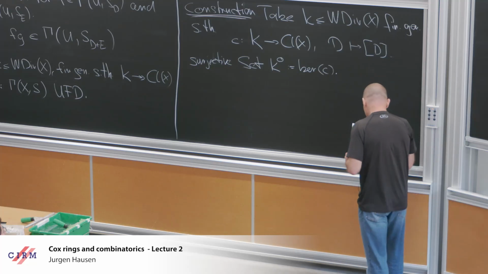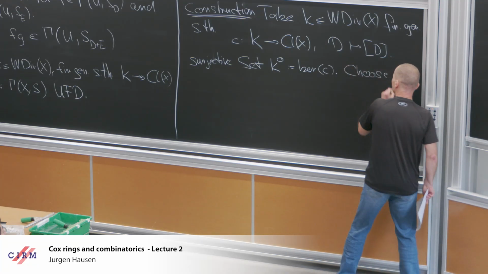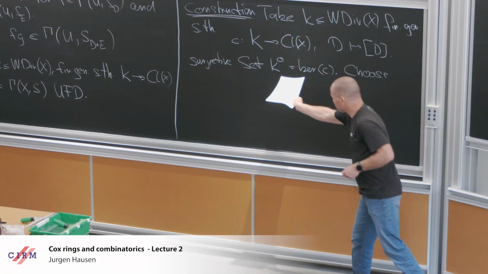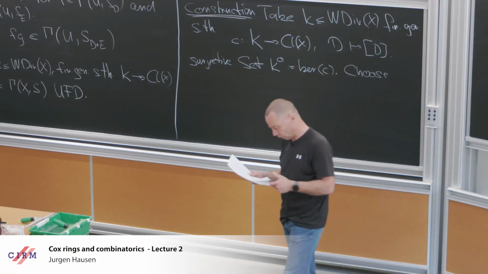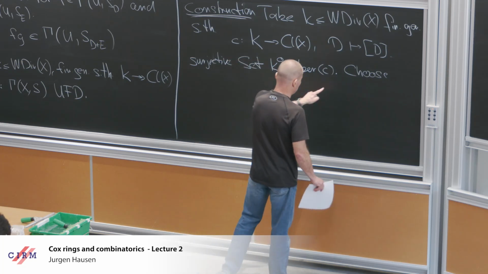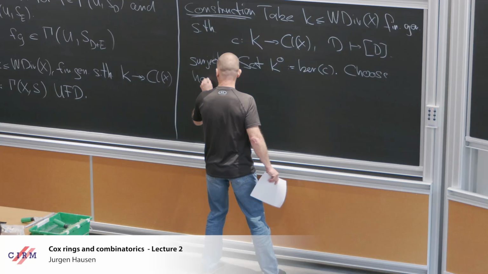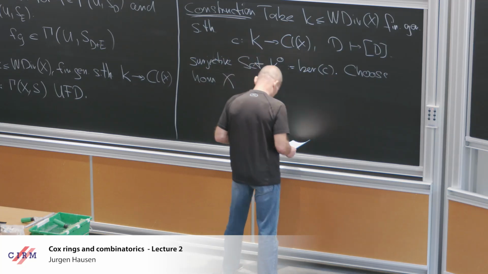So the next thing is that I choose a kind of character on this K_0. This means I choose a homomorphism, write it by chi.